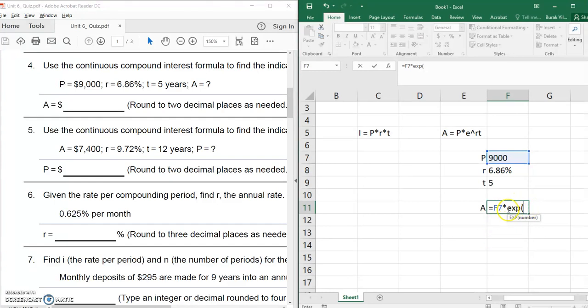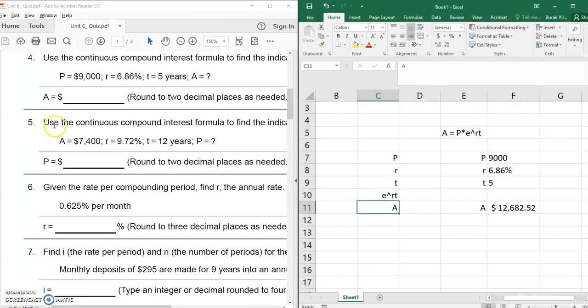So this is e to the power r times t, and then close parentheses. So that's your answer. So number 4, A would be rounded to 2 decimal places. So your answer would be, and this is a money problem, $12,682.52. So that's your answer.